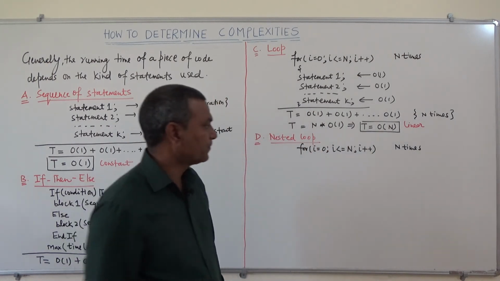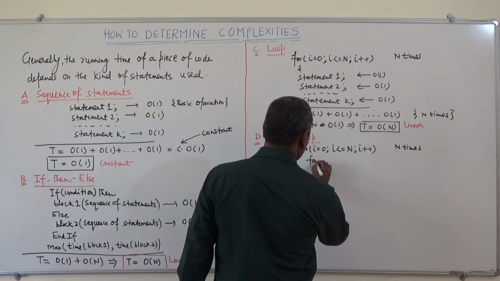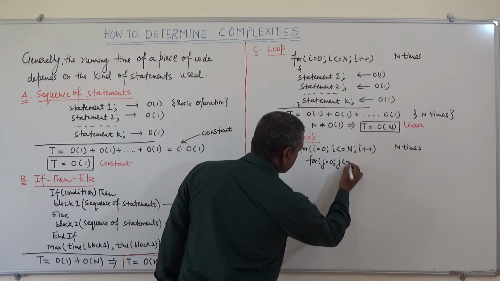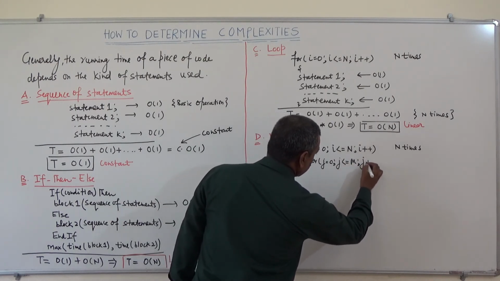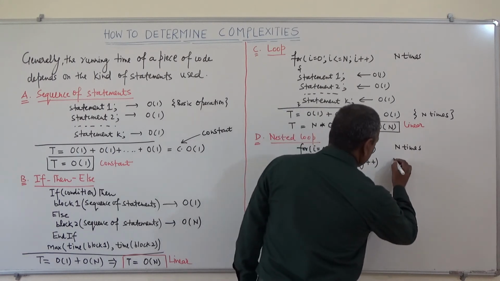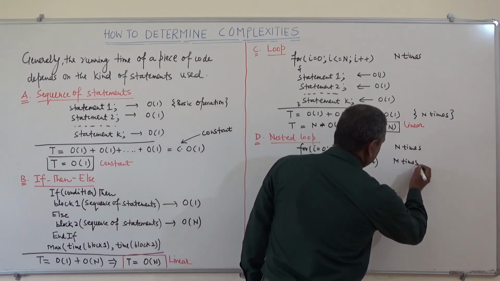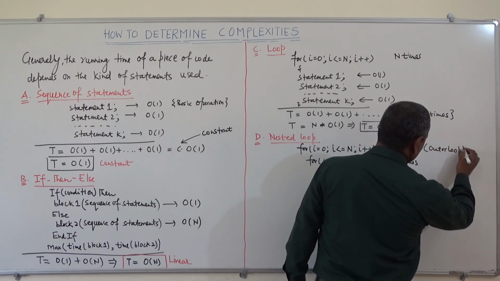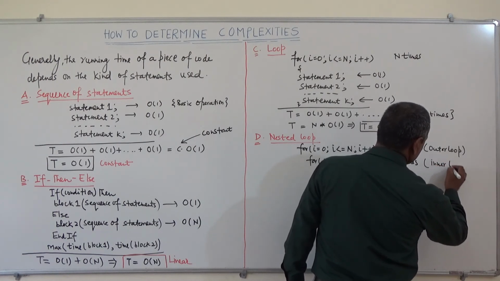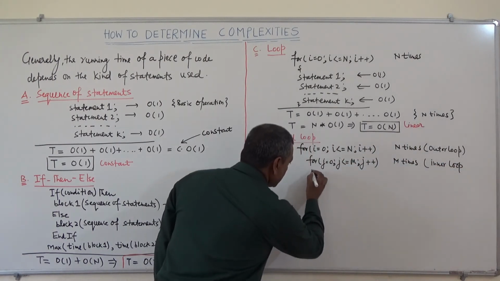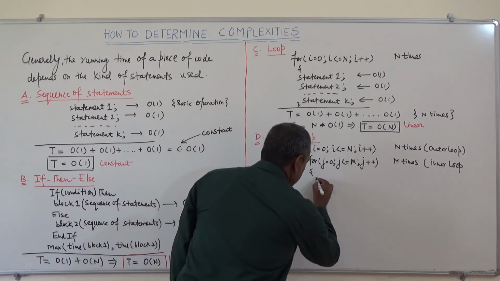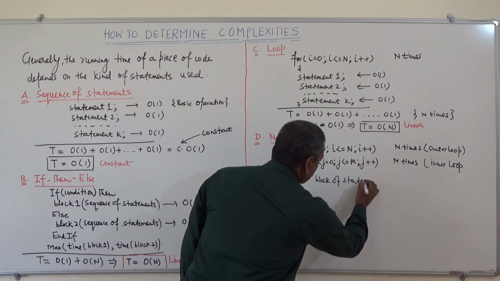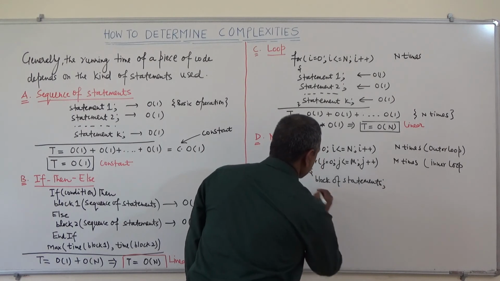Suppose this is the outer loop, and the inner loop is for j equals to 0, j less than equals to m and j plus plus. This will run m times. So this is the outer loop and this is the inner loop, and within the loop there is a block of statements, say.